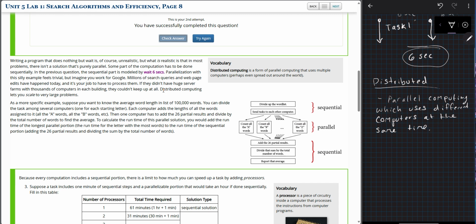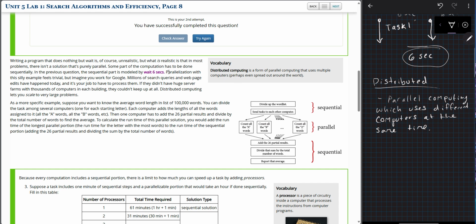So this is very useful for the internet, for apps like TikTok, Instagram. They don't have a main computer that does everything. No, they have multiple computers, perhaps around the world. They have servers here, in Europe, in Australia, anywhere, and they all work together to do the same task. Yeah, that's what you need to know for this.